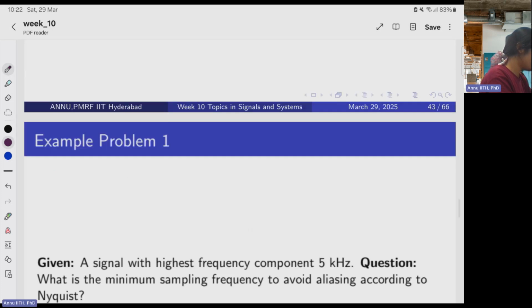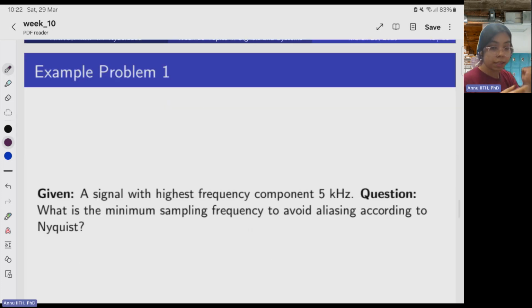So this is example one. A signal has a highest frequency component of 5 kHz. The question is: what is the minimum sampling rate to avoid aliasing?